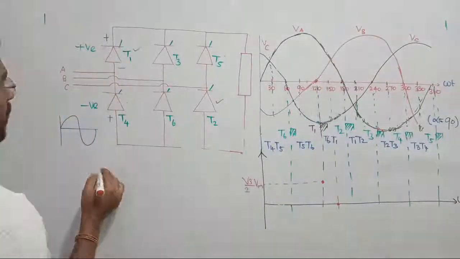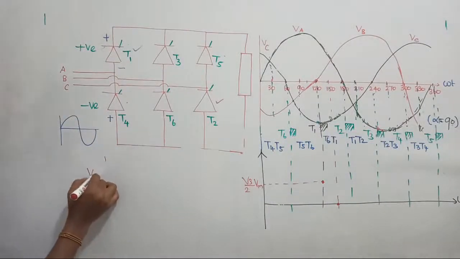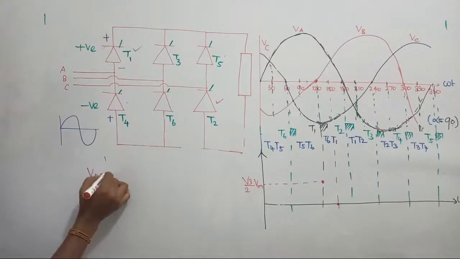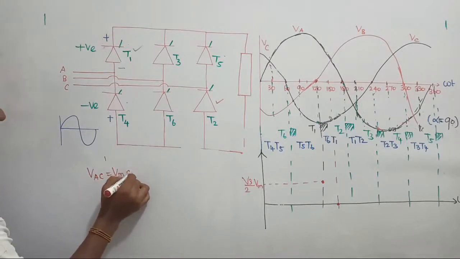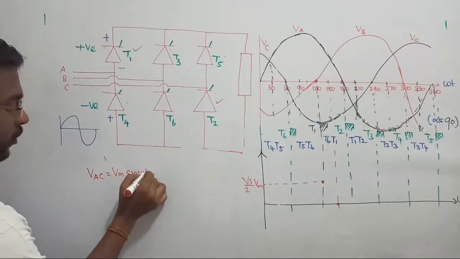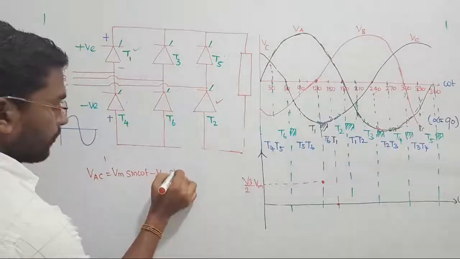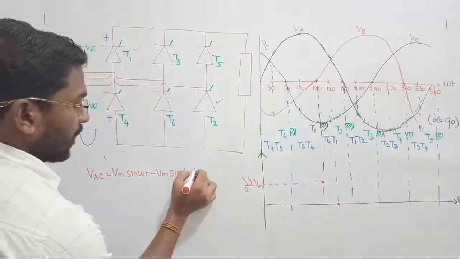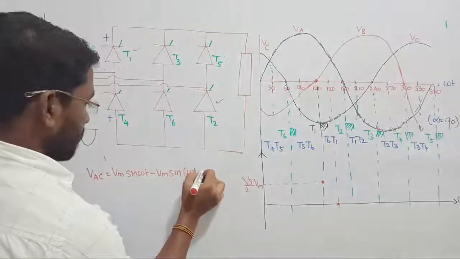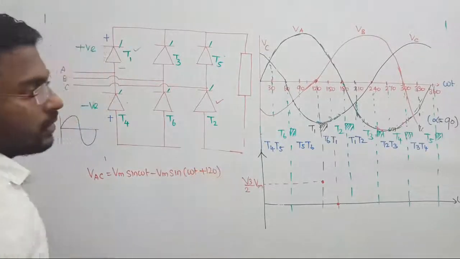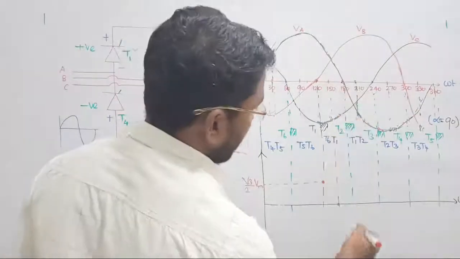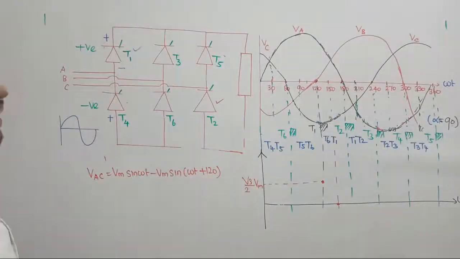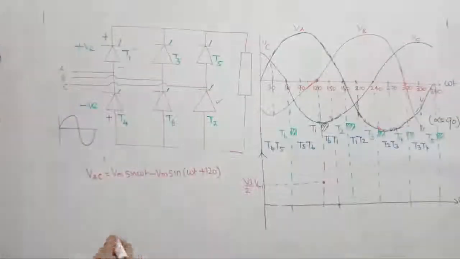So T1 VA, T2 VC, so VAC can be written as Vm sin omega t minus Vm sin (omega t plus 120). Let us see the value at omega t equal to 180. Yes, we are at 180.